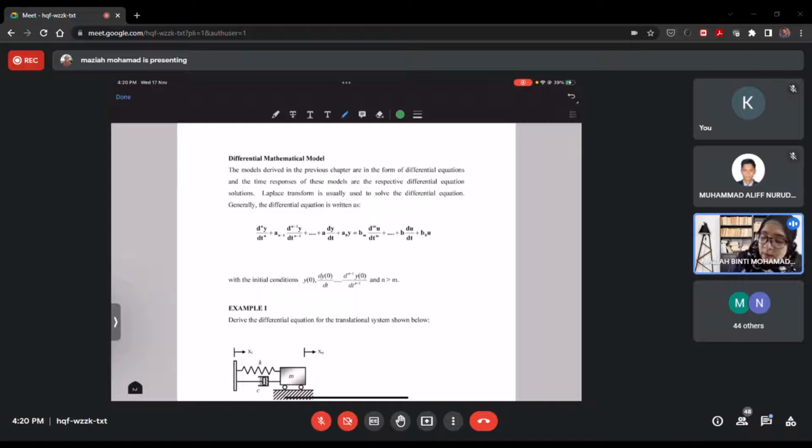Okay, so now this is the general ODE equation. We're going to separate the output terms to one side and the input terms to the other side. You can see here, all the terms here are output, and this is the input term.